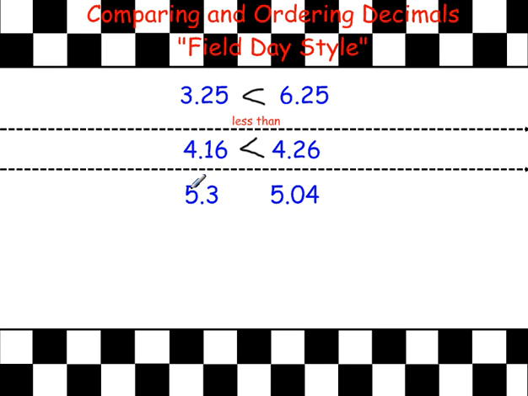The whole numbers are the same, which means the determining factor as to whether or not these two numbers are fair to compare lies behind the decimal. So here we have 1 digit behind the decimal, and here we have 2 digits behind the decimal. Well, this is not a fair race. Both numbers do not have 2 digits behind the decimal just by looking at it.